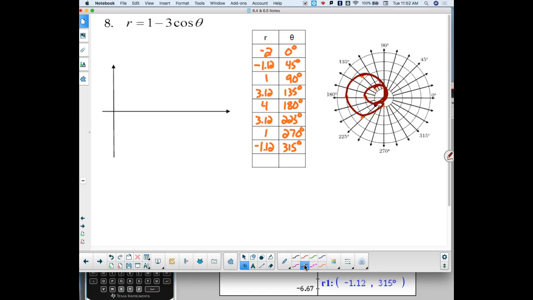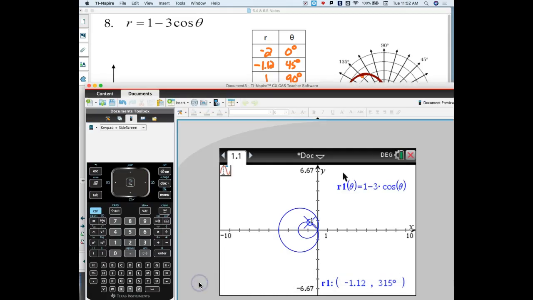And then this one should be at negative 2, 360 degrees. Because the top and the bottom row should be the same. Because they're the same angle. Okay? And that's the polar graph.